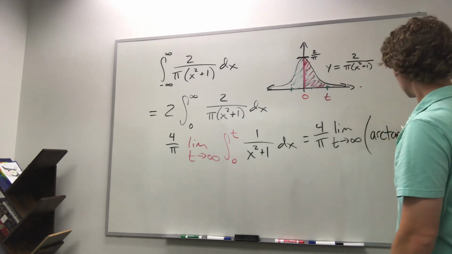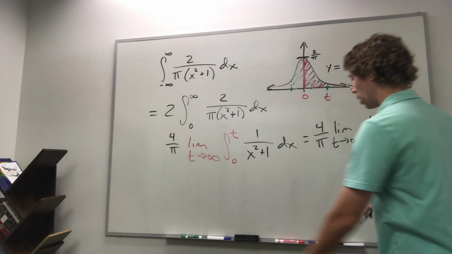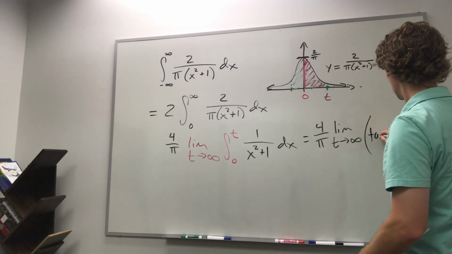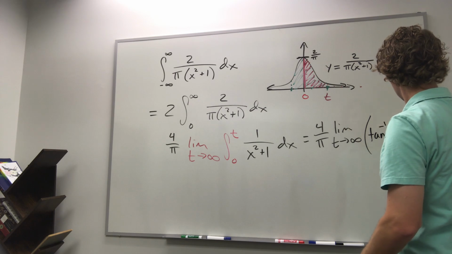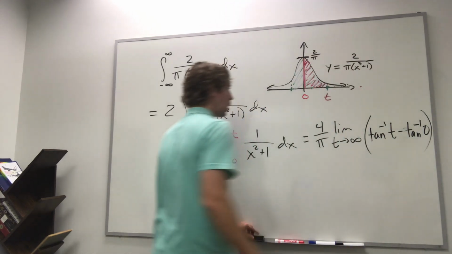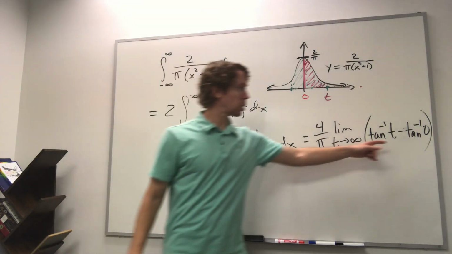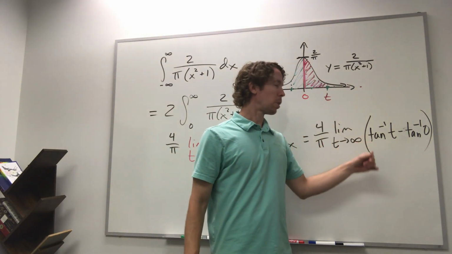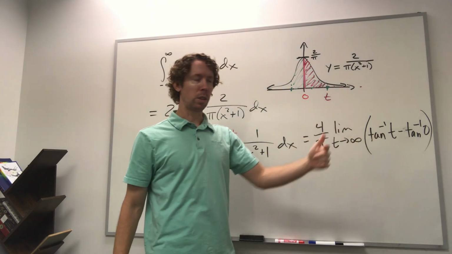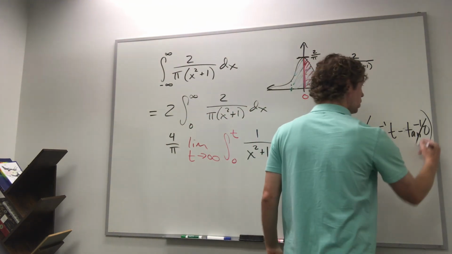That gives me arctangent of t minus arctangent of 0. All right, arctangent of 0 is 0 because tangent of the angle 0 is the ratio 0. So I know this goes to 0.